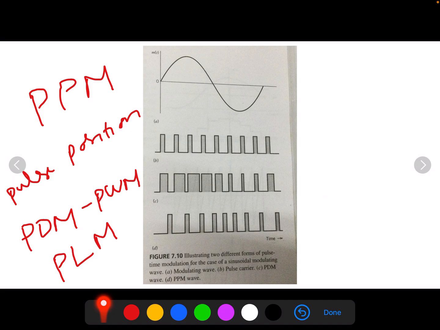Now let Ts denote the sample duration. Using the samples m(nTs) of a message signal, let us take it as m(t).